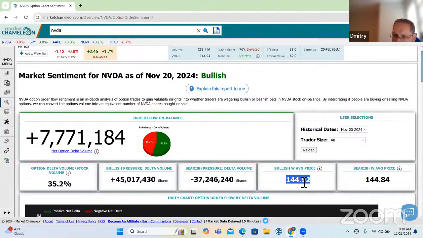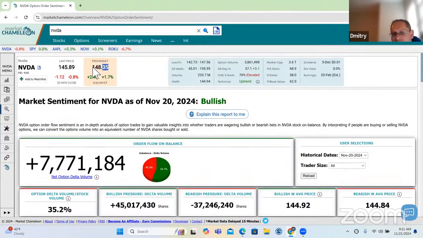So here it says $144.92. So this kind of helps us compare that price versus the current price. Were these deltas mostly established below or above the current price, or here, sorry, this was the current price yesterday, we're close to it, and that gives us information.